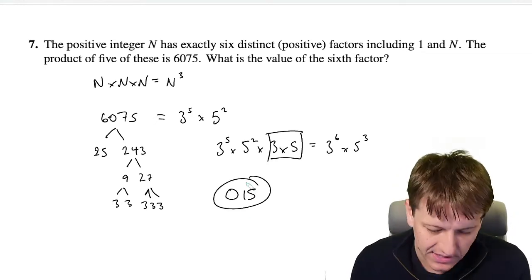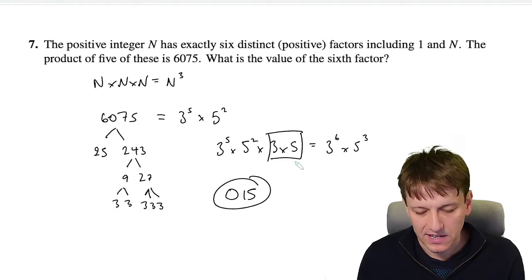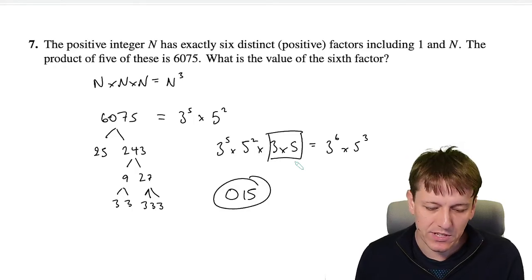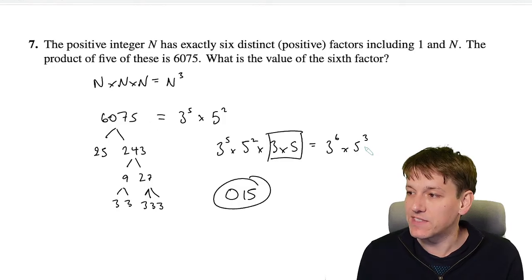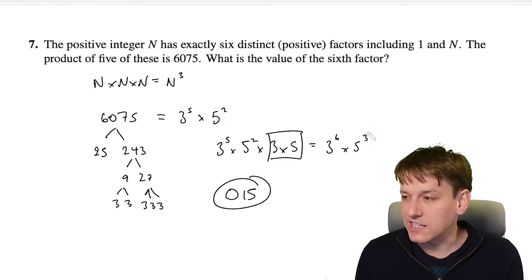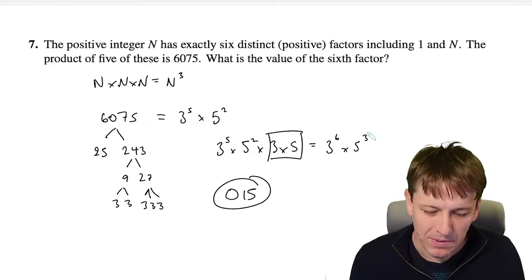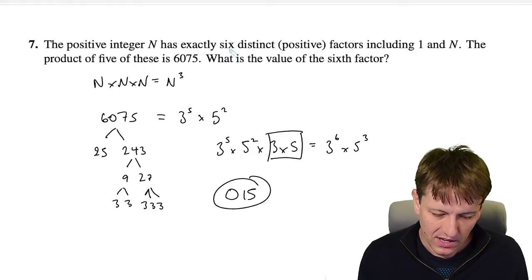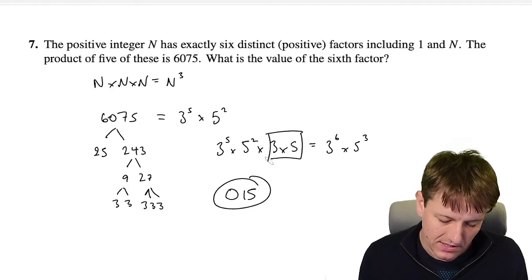And you can check that this does give you exactly 6 factors here. Obviously, I could go larger as well, right? I could go to 3 to the 6 times 5 to the 6, or 3 to the 9 times 5 to the 3, or 3 to the 90 times 5 to the 90 as well. But that wouldn't give us exactly 6 factors here, whereas with this number, it does.